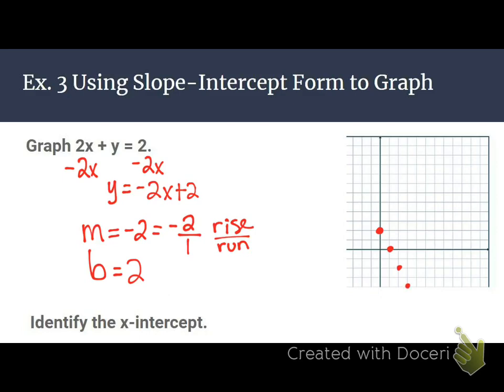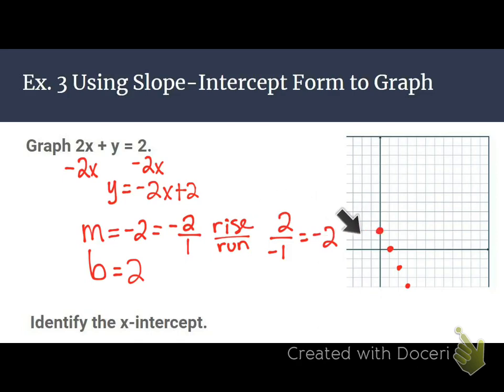Now, if my graph were too small to be able to go down and to the right, I can reverse my directions. Meaning that 2 over a -1 is still equal to a -2. So instead of going down and right, where could I go instead?